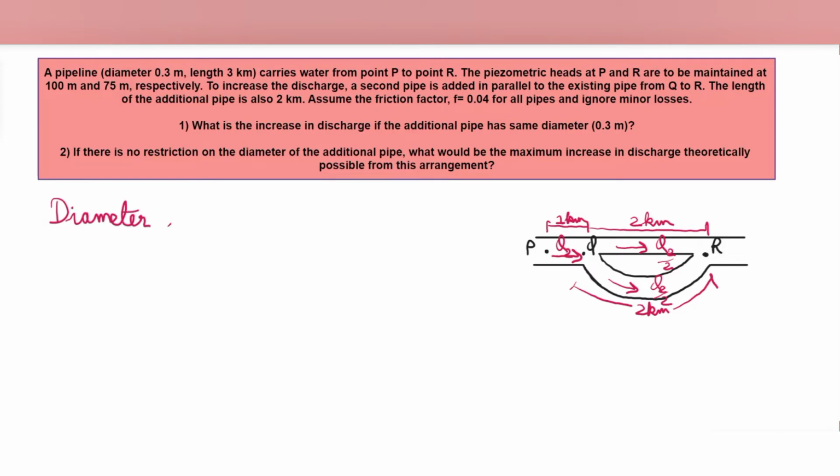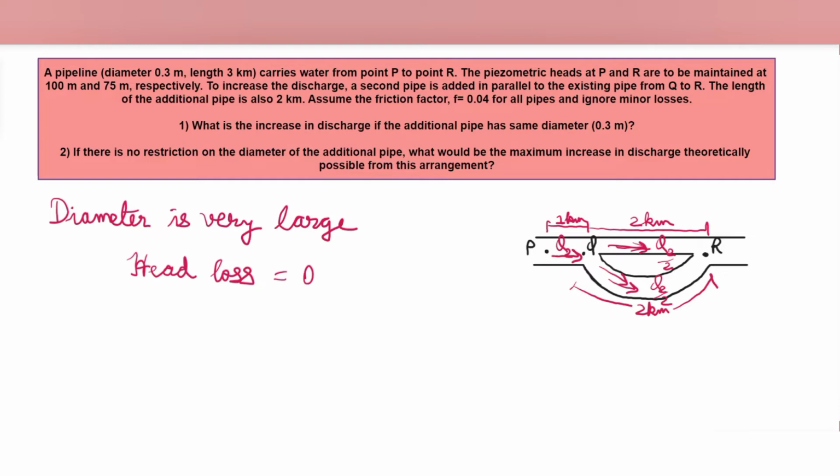Now first of all, the diameter is very much large, as it is given to us that there is no restriction on the diameter. And if the diameter is very much large, then the head loss will become 0. Why? Because we know that HF is equal to 4FLV square upon 2GD.